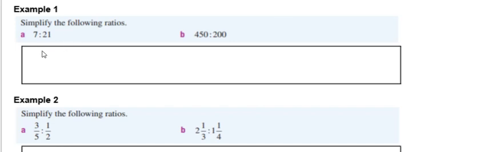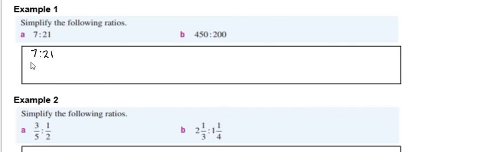So, let's start off with 7 to 21. We need a number that divides into both 7 and 21, and we're going to take each of the numbers in the ratio and divide them by that number. The biggest number that divides into 7 and 21 is 7.